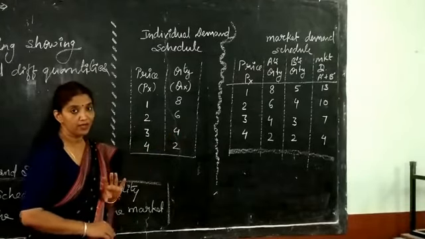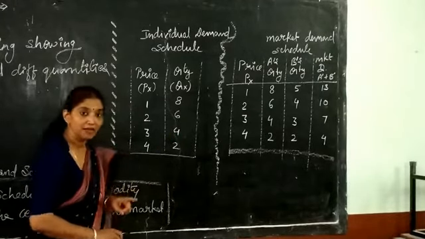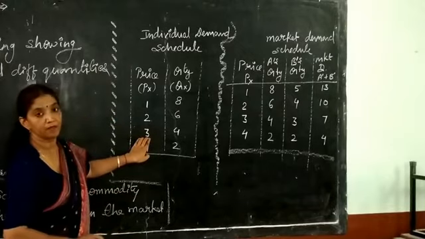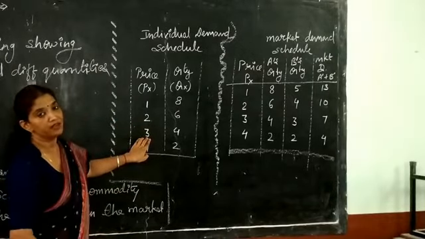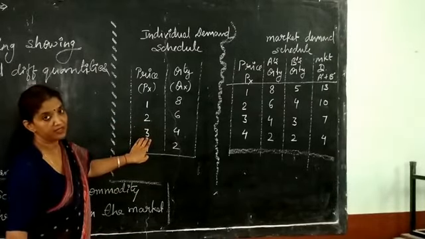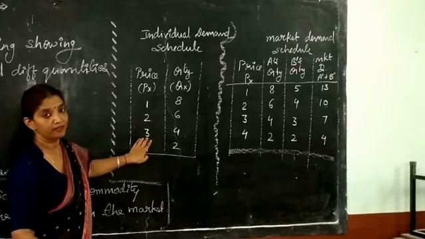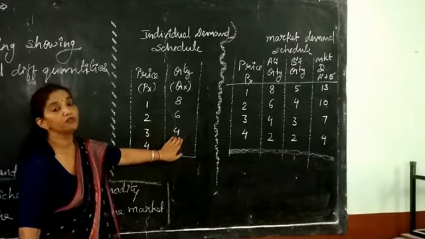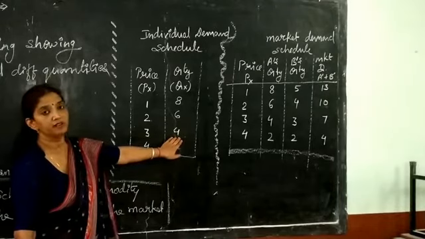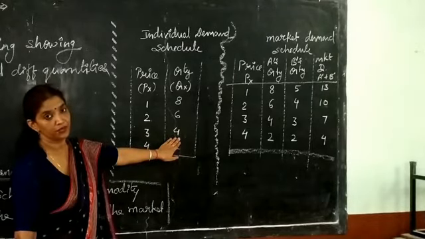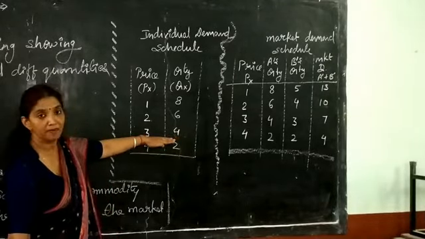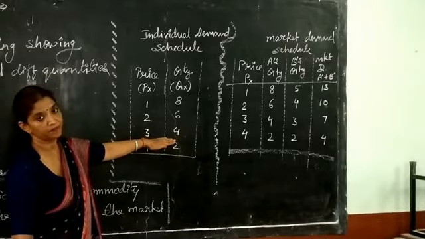And what is quantity demanded? For example, at rupees 3, how many units of commodity X is the consumer ready to buy? It is 4 units. This is called the quantity demanded for price 3.